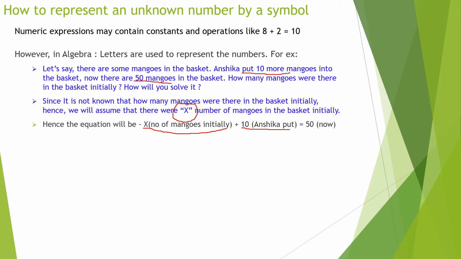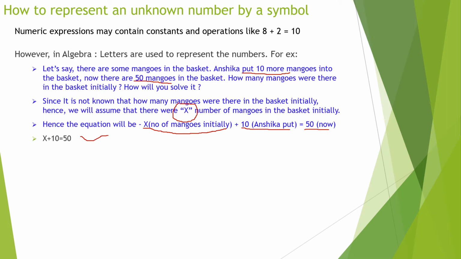If we add the X number of mangoes that were there initially and the 10 more mangoes Anshika put, the total of these two is 50. So what will be the equation? X plus 10 equal to 50.